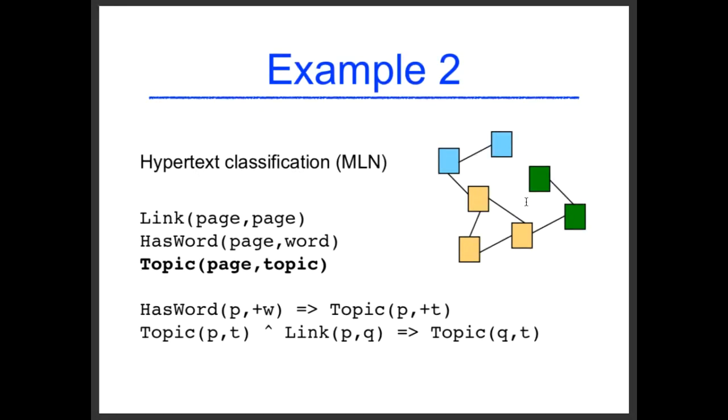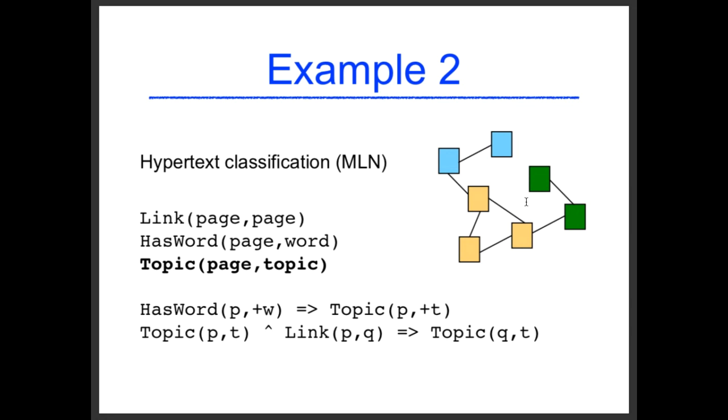So the topic depends clearly on the words in a page, but also the links help you in disambiguating the same words that can appear in different topics. Maybe because a page is linked to sport pages, it is likely to be also a sport page.